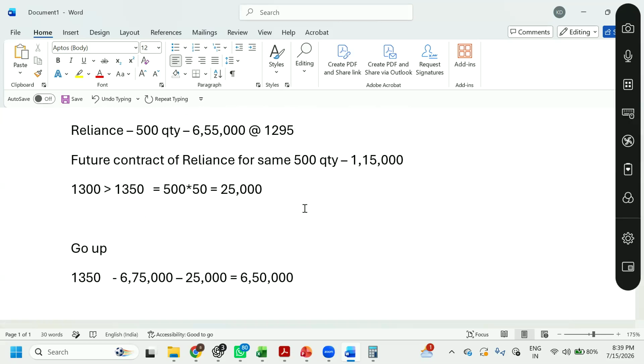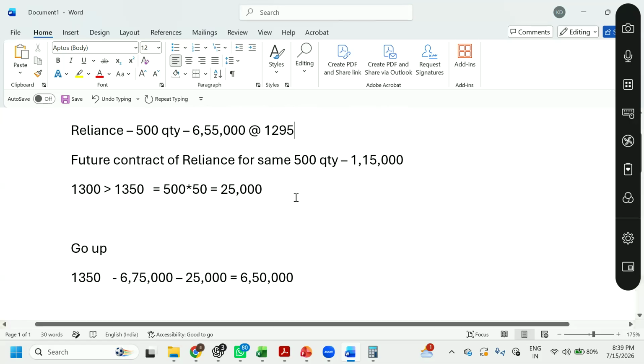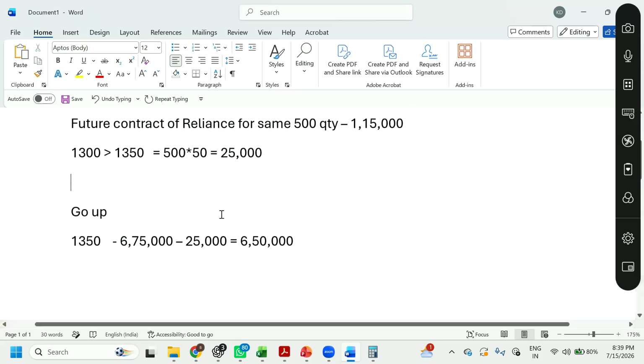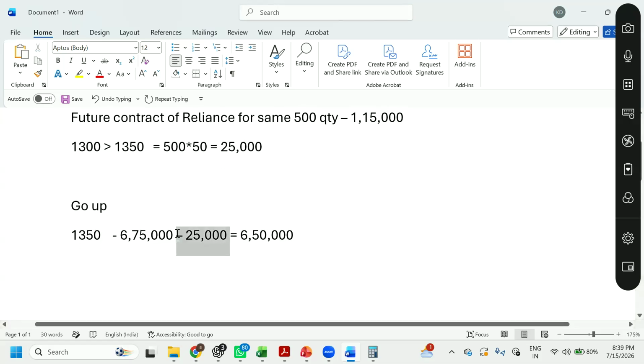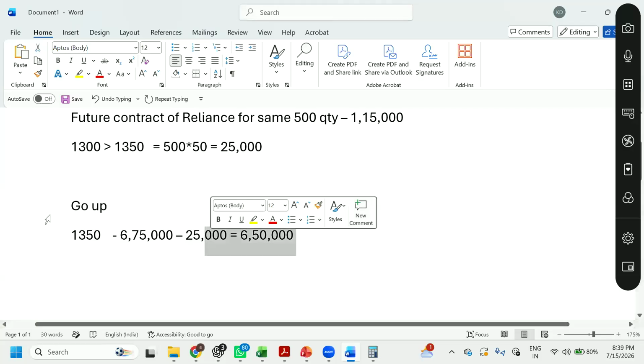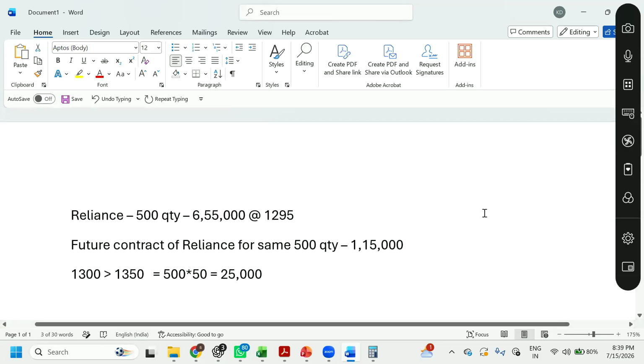I bought the futures of that particular stock, so I was able to make money there, and that money was used to get Reliance at the same level of price that is available in July. Everyone clear on this?